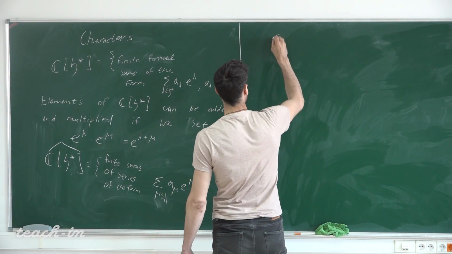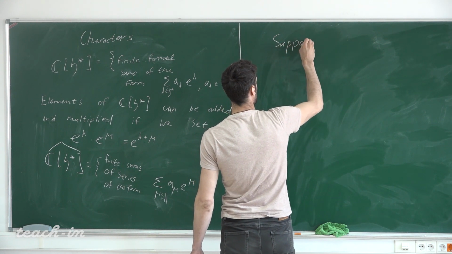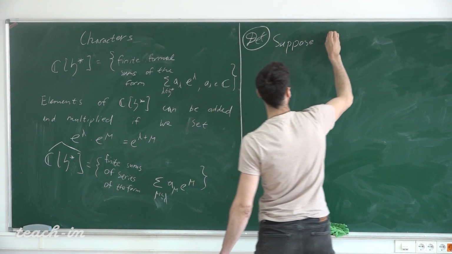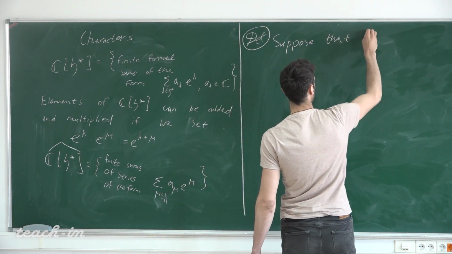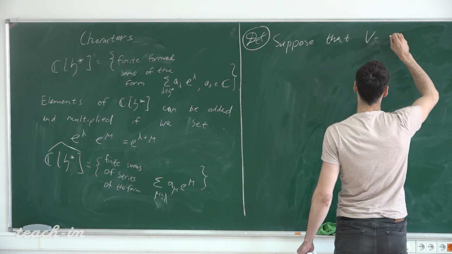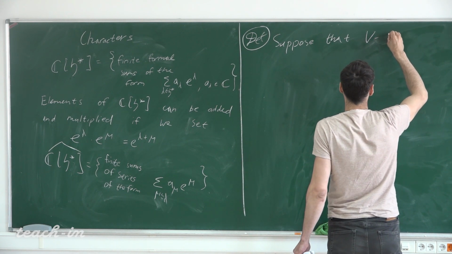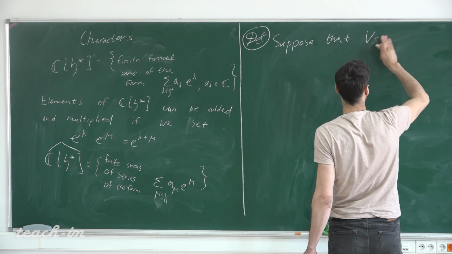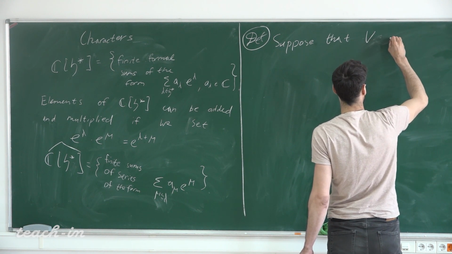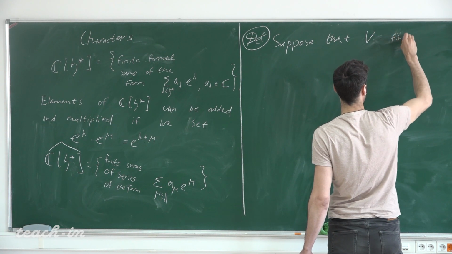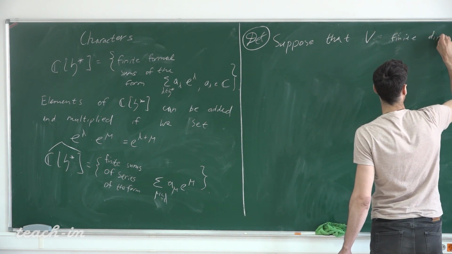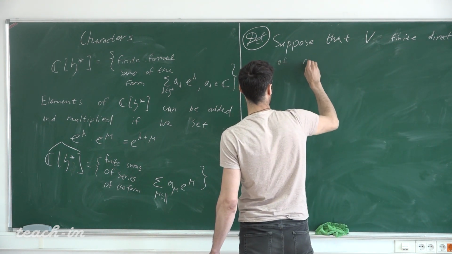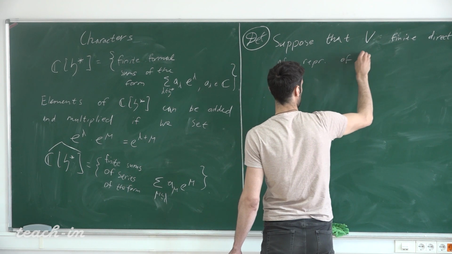Suppose, so definition, suppose that V is a finite direct sum of representations of highest weight.